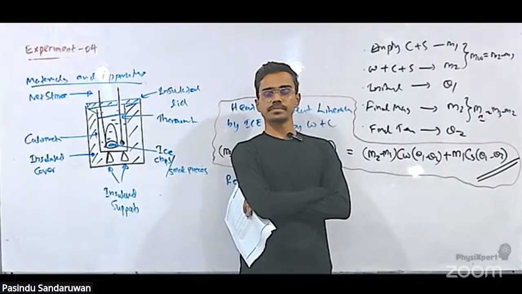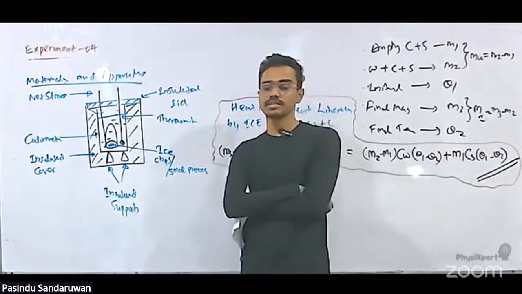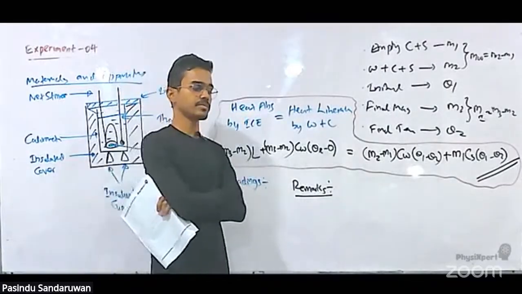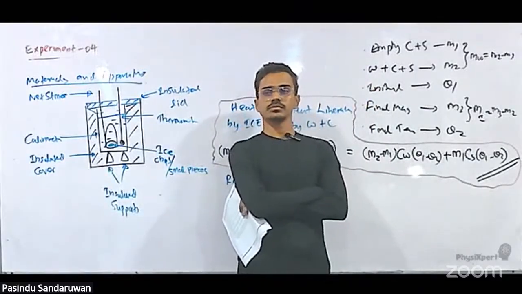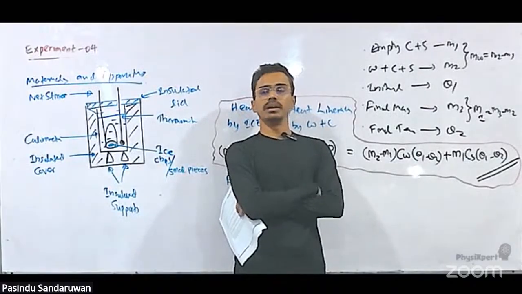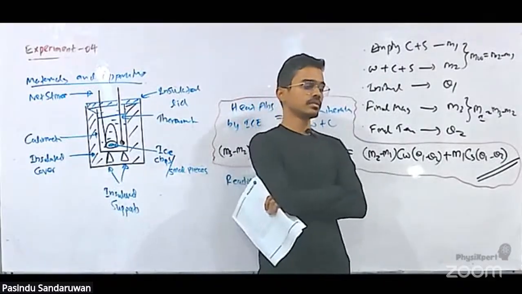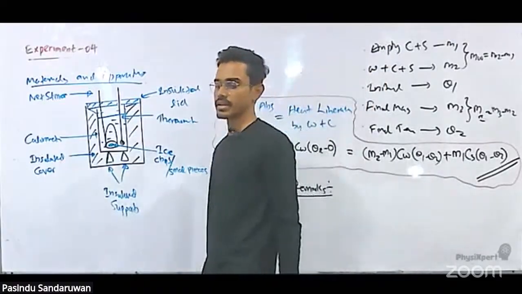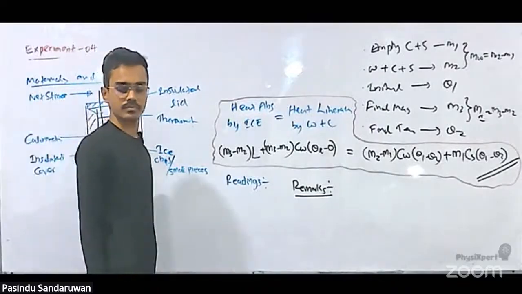Only small ice chips are used to ensure melting ice is added to the calorimeter.